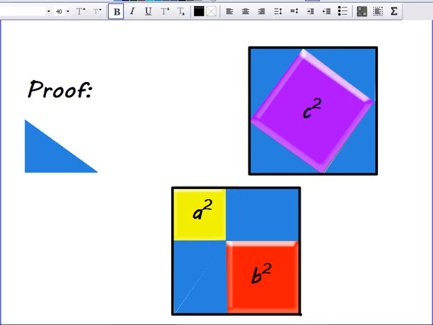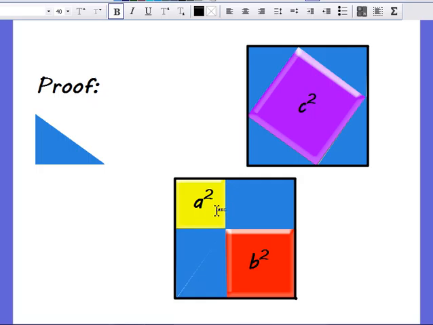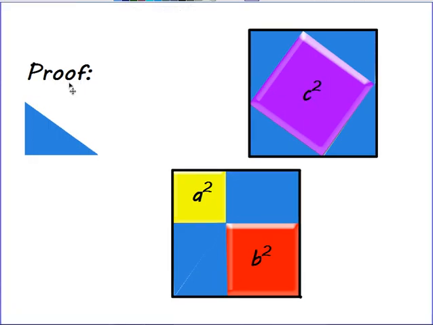What does that mean for us? Well, that means that a squared and b squared take up the same amount of area as c squared. So what we're going to do is write that in an equation.